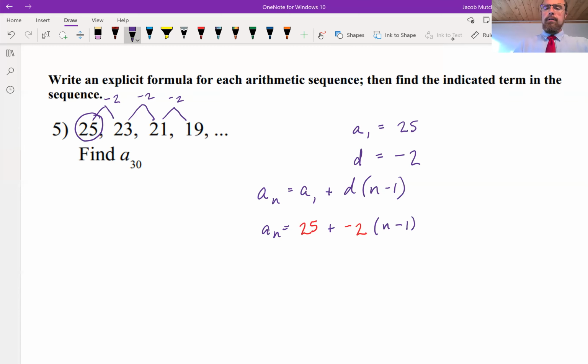So I'm going to distribute the negative 2, so that'll give me a sub n is 25 minus 2n plus 2. And then combining my common terms, 25 and 2, I'll get the final version here, negative 2n plus 27.